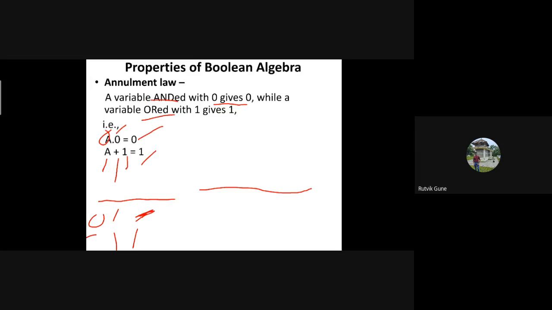It says a variable ANDed with 0 gives 0, while a variable ORed with 1 gives 1. It means A dot 0 remains 0 and a variable ORed with 1 gives 1. So A plus 1 is your 1. Okay, Kirti? Yes, ma'am. Okay, right.